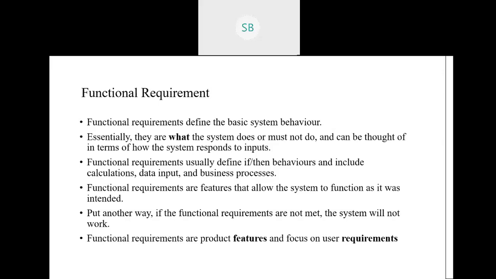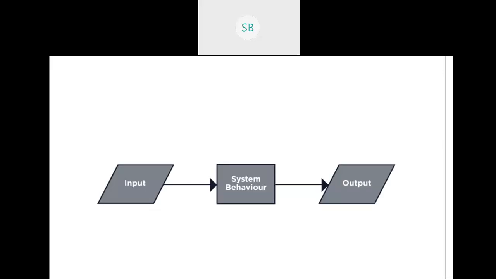Basically this means you will have an input and then an output, and I have shown one diagram. Input will be there and output is there, and this is how the system behaves, which is the functional requirement. You can also think of it this way: without this functional requirement, the system will not be acceptable and will not work.